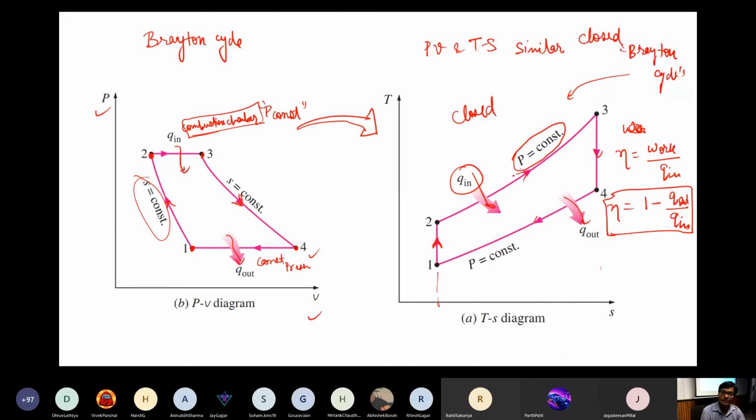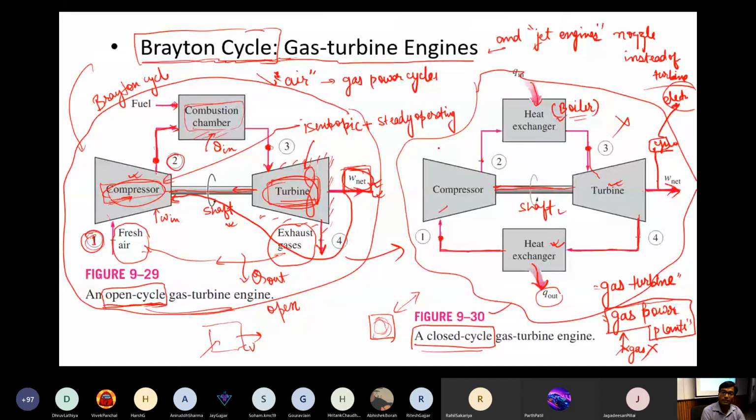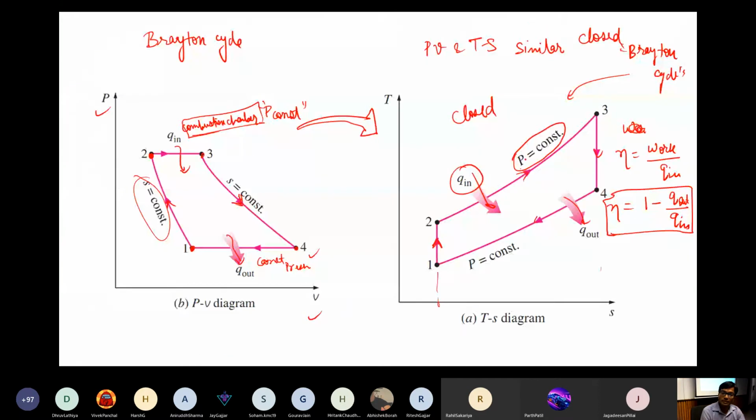From 2 to 3, what boundary work? Rotating the blades. So what is my Q in? It will be given by enthalpies, H3 minus H2. Remember why this is H3 and H2? Why not U3?